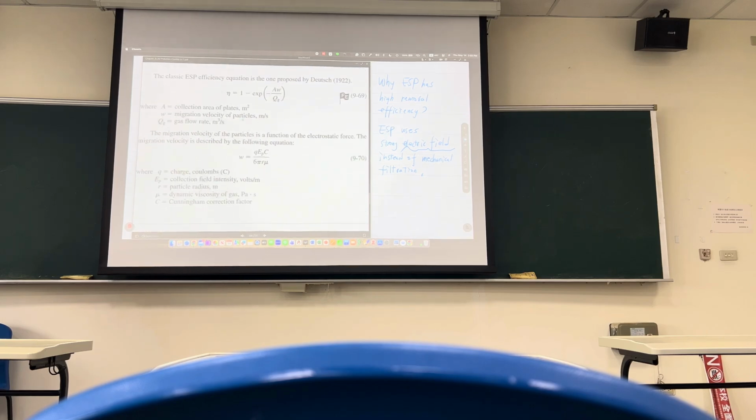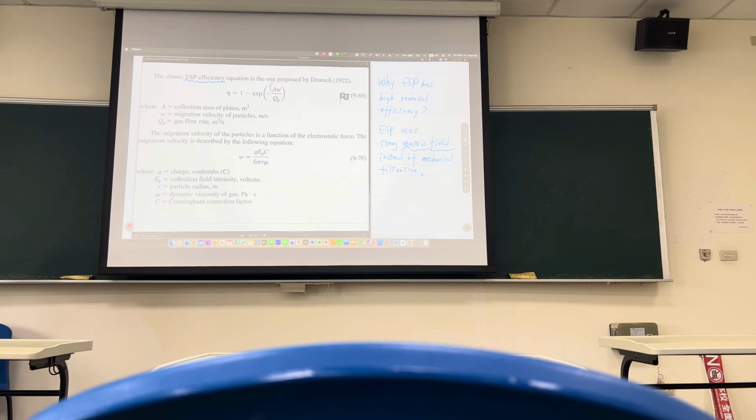Okay, let's do these questions. First of all, let's see the formula. This is the ESP equation: eta equals 1 minus exponential of minus A W over Q_G.